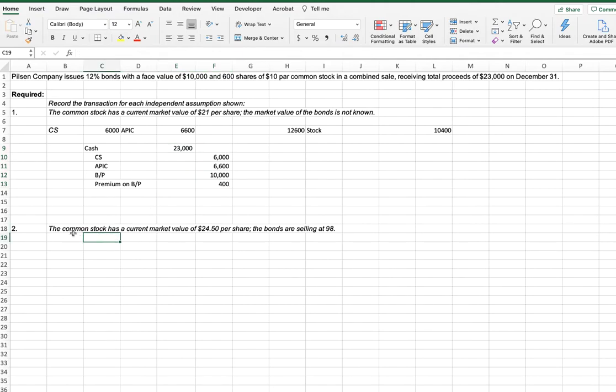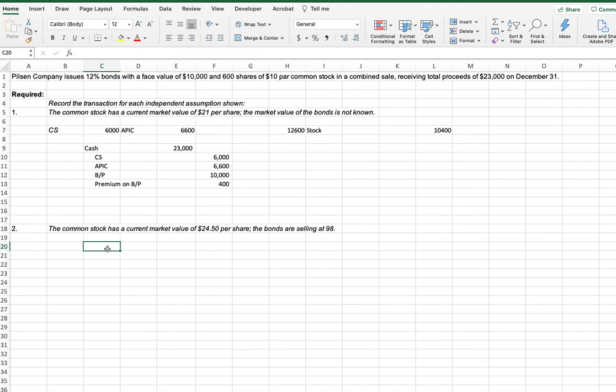All right, so now we have this second situation where the common stock has a current market value of $24.50 per share. The bonds are selling at $98. So now we have market values for both the stock and the bonds. And so what we're going to have to do is allocate the total cost among the two.